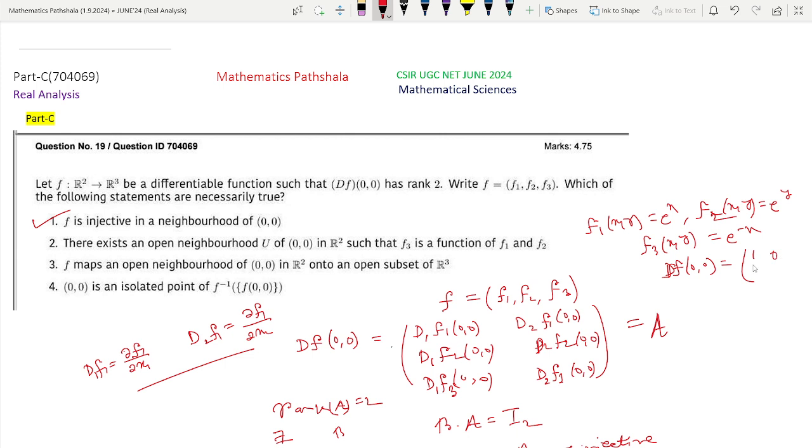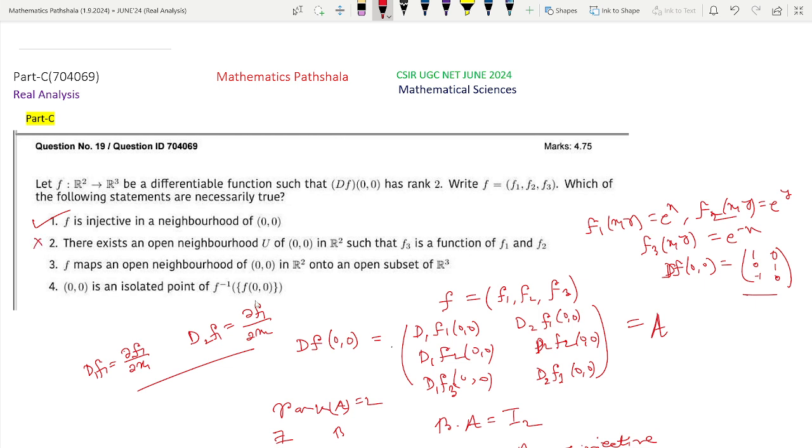Just simply check: 1 0, 0 1, minus 1 0, and clearly this is a matrix of rank 2, and here this f3 cannot be expressed as a function of f1, f2 in a neighborhood U of (0,0). So option 2 is not the correct option.